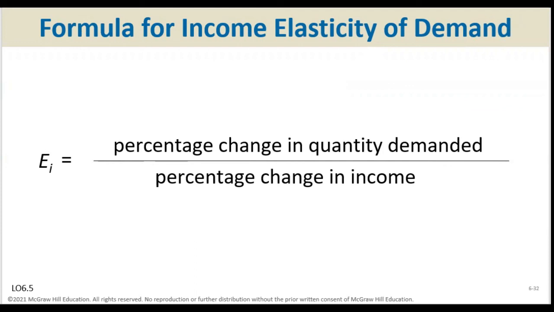So income elasticity of demand assesses the sensitivity of the change in quantity demanded due to the change in consumer income. How the change in your income impacts the change in your consumption, basically.